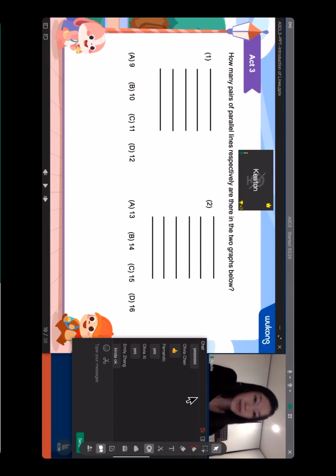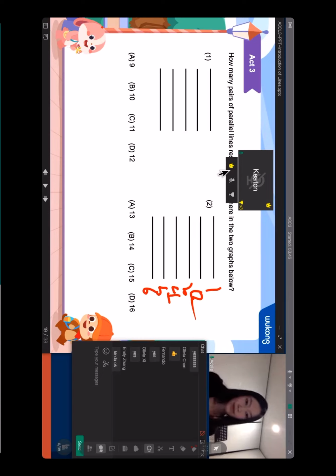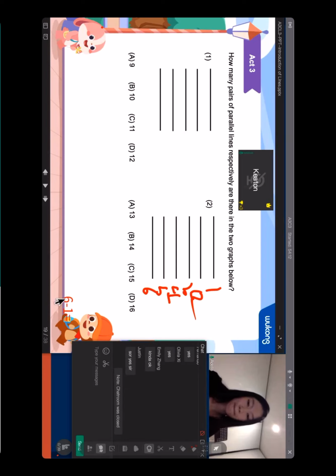Okay. So firstly, there were 6 lines. You can do 6 minus 1, which is equal to 5.